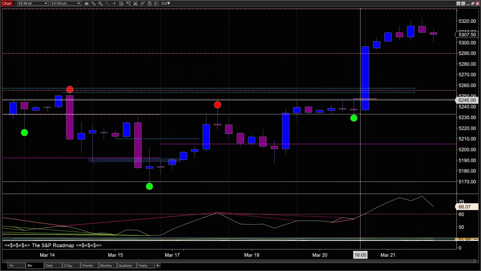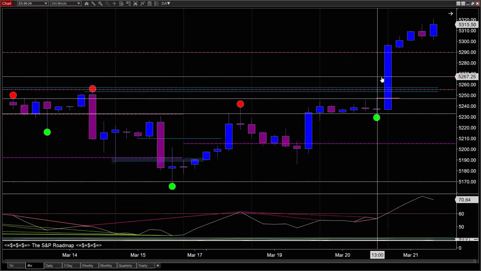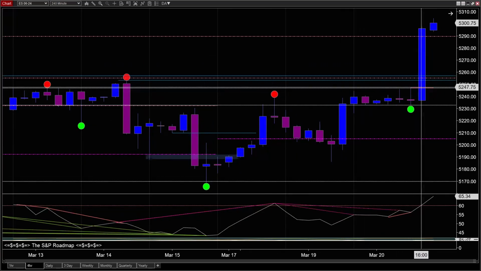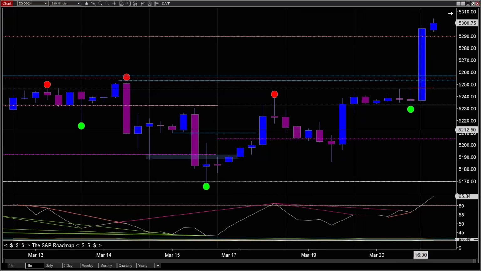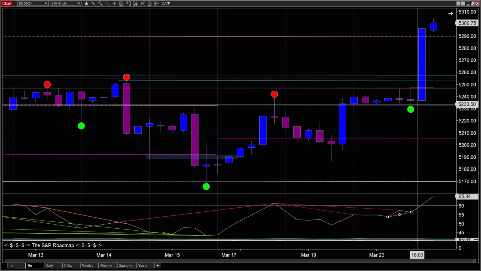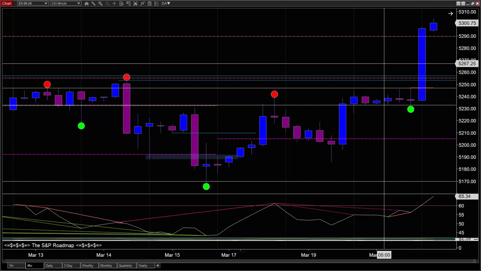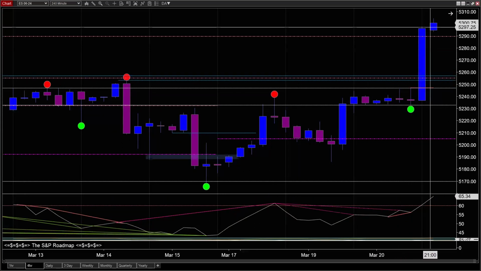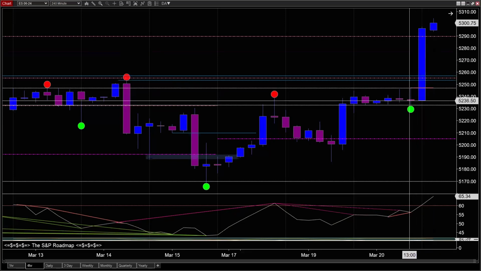So once we started to break out, you could have come down to your 4-hour and said, hey, look, not only are we just breaking out of a major resistance area, but we've got a 4-hour bullish signal bolstering our move, giving us more confidence that this could turn into a pretty strong rotation back to the upside, right?